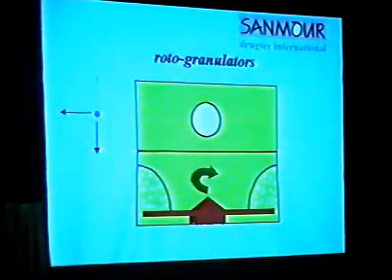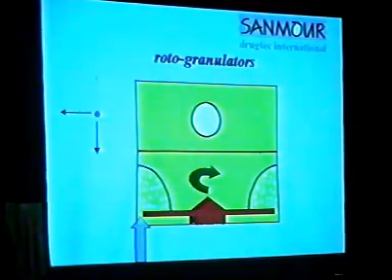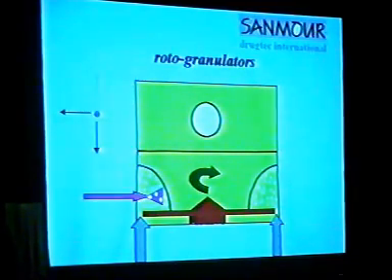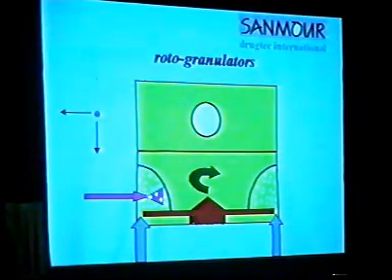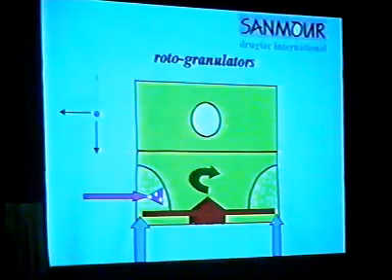Then we have the rotogranulator version. There you see there is a central disc which rotates at predetermined speeds, and then the spray is tangentially introduced into the rotating pellets. Now, I have shown a pellet on the left side. This is subjected to three forces. One is the fluidizing air force, the blue upwards arrow, and then the centrifugal force, which is shown on the tangential side, and then of course the force of gravity.